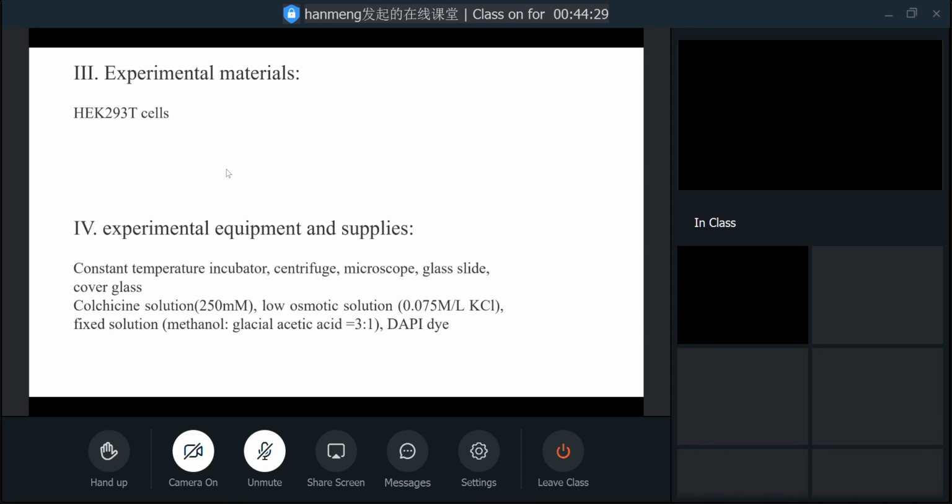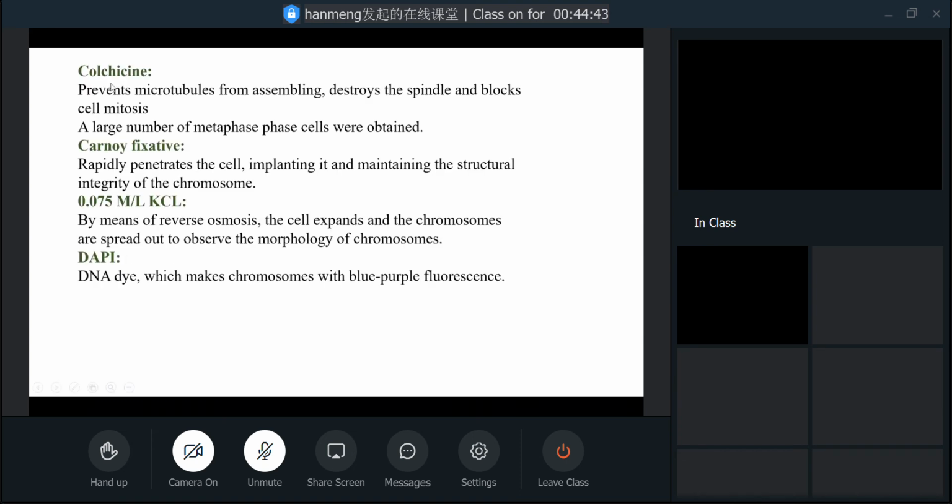And we use these reagents. Then we will learn their function. The chromosome reagent can prevent the microtubule from assembling, thus destroying the spindle structure and blocking cell mitosis.